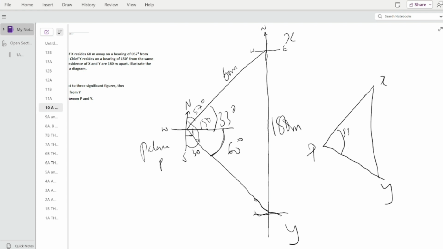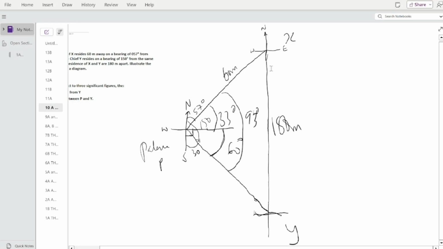Part of this is 33, the other part is 60. So we can add the two of them together to get the total angle. 33 plus 60 degrees will give us 93 degrees. Therefore, this big angle is 93 degrees. So we've illustrated this in a diagram, and with our diagram we can start solving.